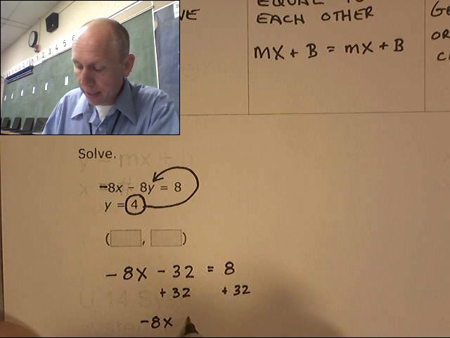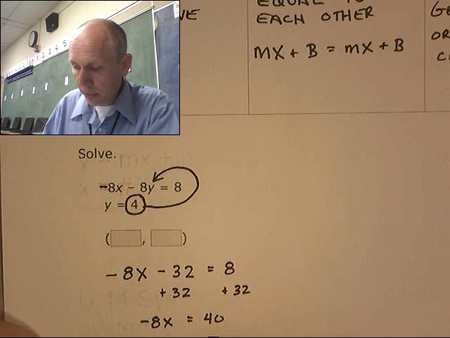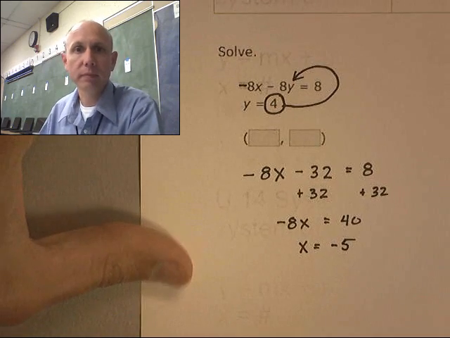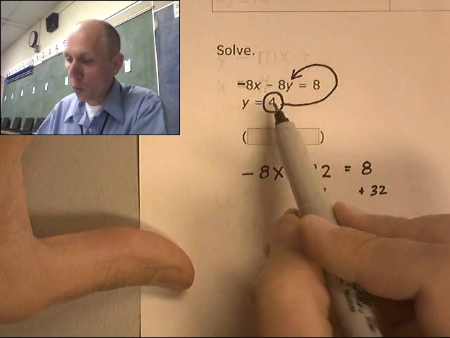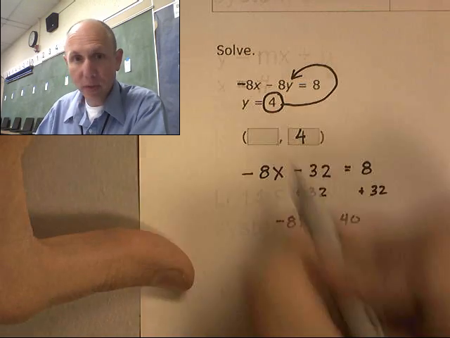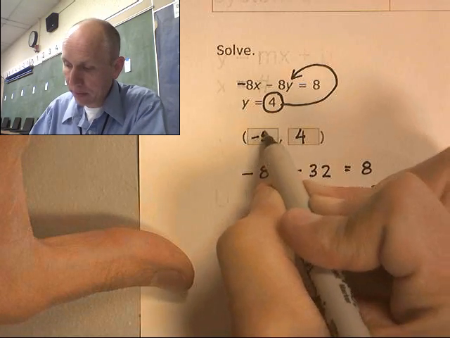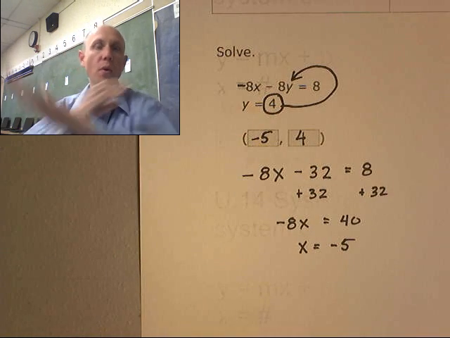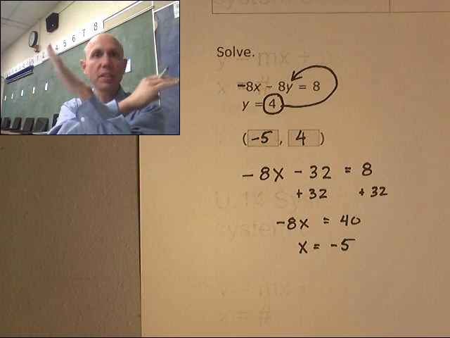Negative 8x equals 40. X equals negative 5. Oh, and I went off the page, sorry. There it is. What does y equal? Y equals 4. What does x equal? Negative 5. Remember, that is a physical point where 2 lines are coming together.